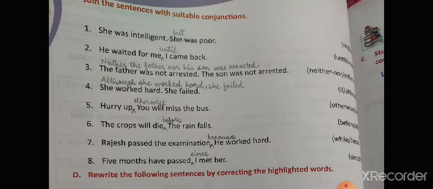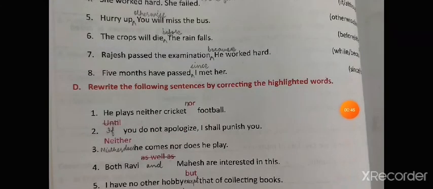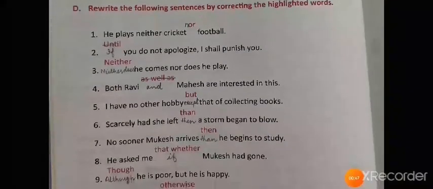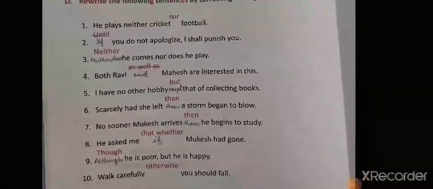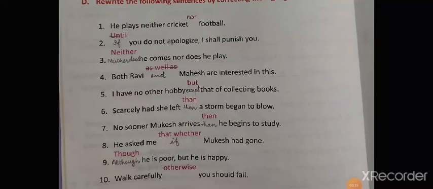Next is, rewrite the following sentences by correcting the highlighted words. Here we have to correct the highlighted words. He plays neither cricket nor football. If you do not apologize, I shall punish you. Neither does he come nor does he play. Both Ravi and Mahesh are interested in this. I have no hobby except that of collecting books.